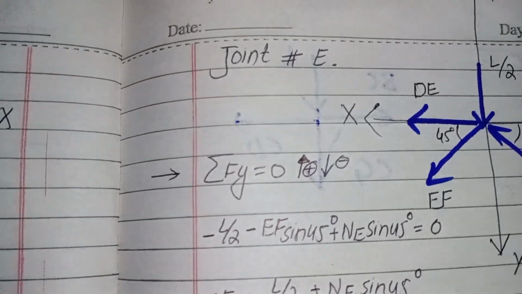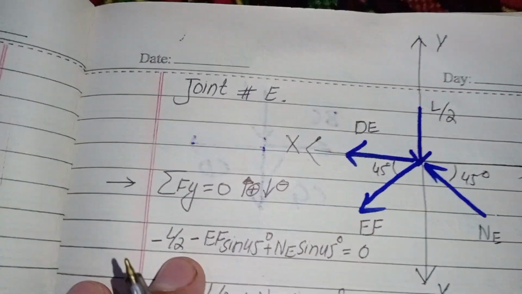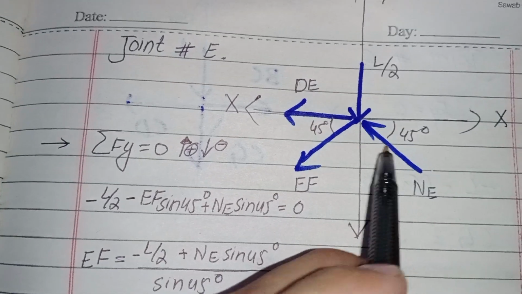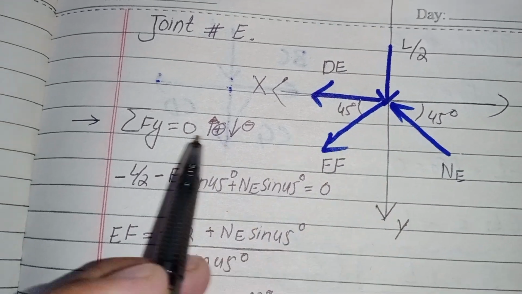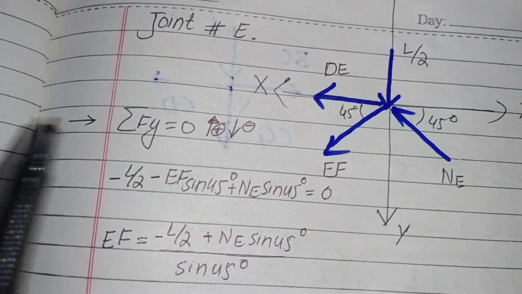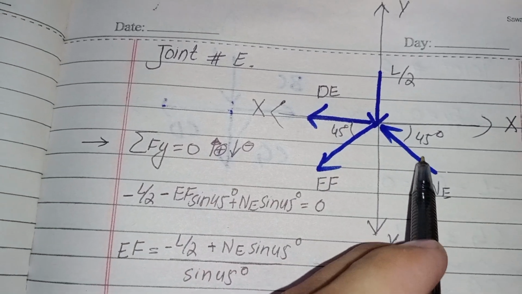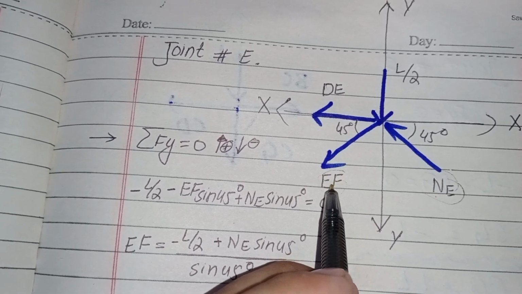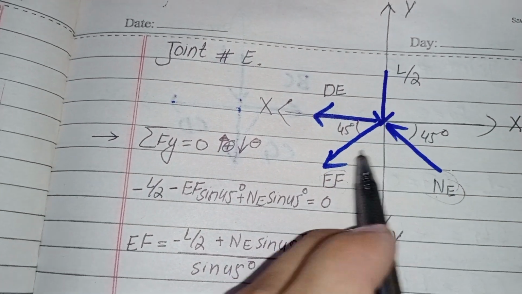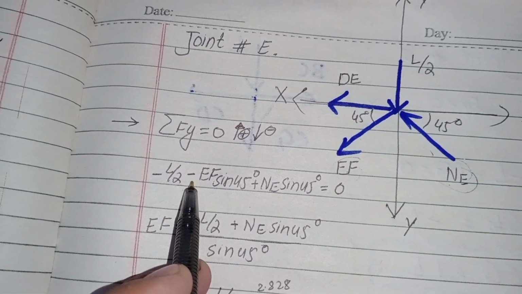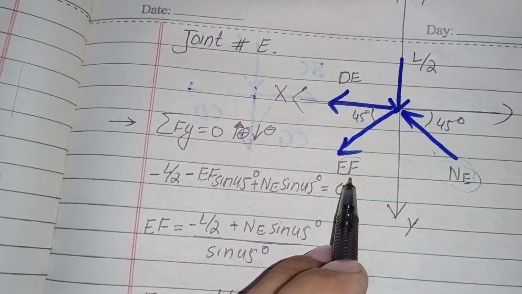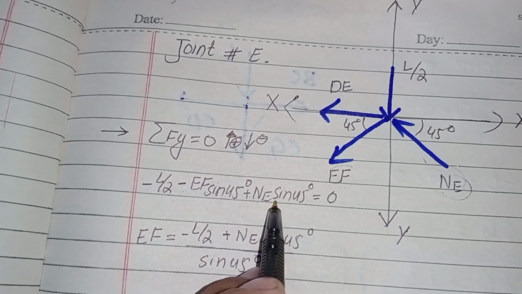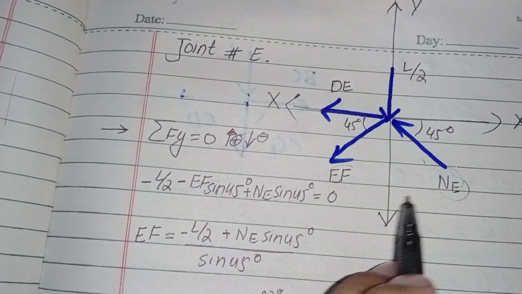Now I check joint E to find the force in the required members. This is my joint E, and these are the forces acting on this joint. I take the summation of all vertical forces equal to 0. There are three vertical forces. So L divided by 2 negative, EF sine 45, which is a component of this force, and NE sine 45, which is a component of NE, equal to 0.